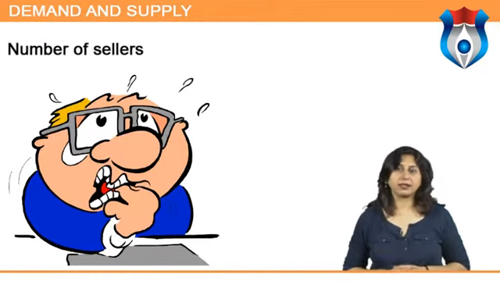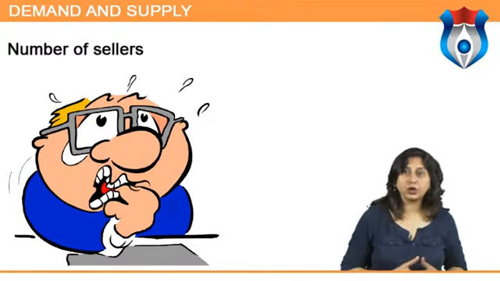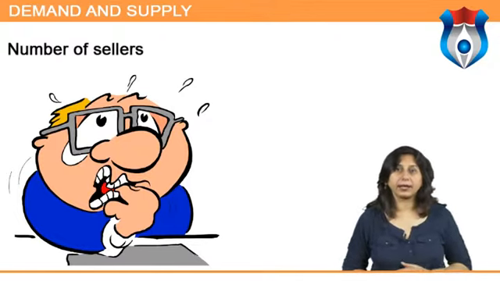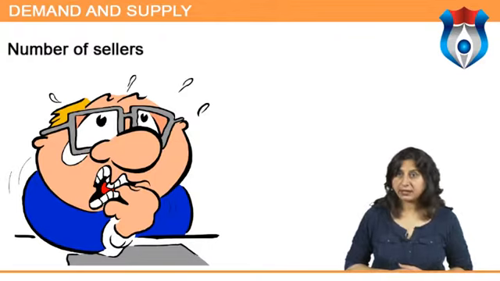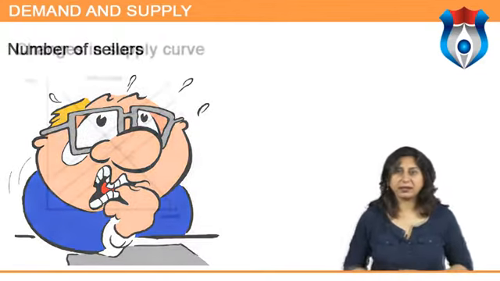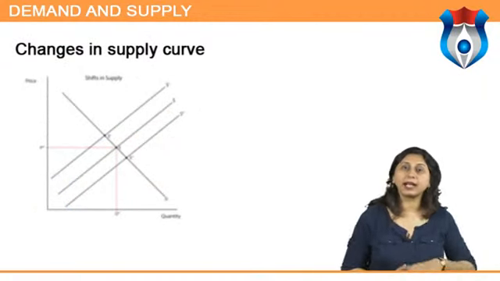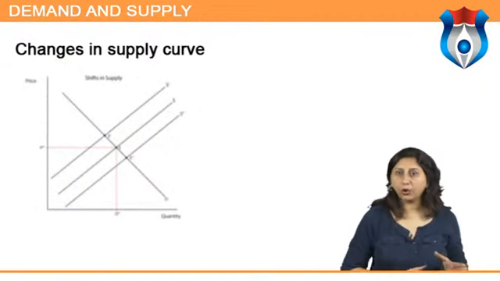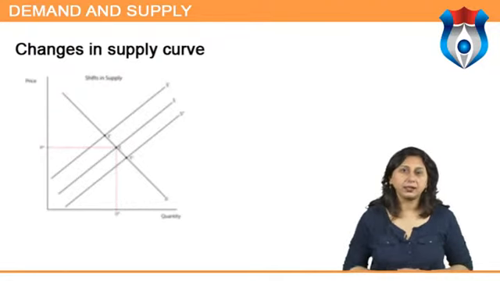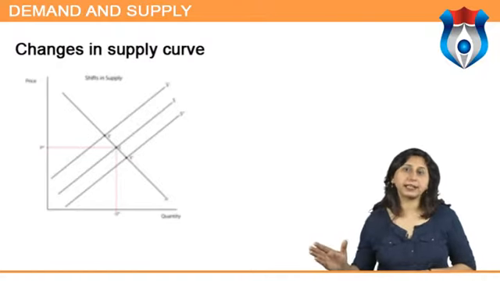Number of sellers. The number of sellers willing and able to sell a good affects the overall supply. With more sellers, there is more supply. With fewer sellers, there is less supply. A change in any of the 5 determinants can cause either an increase in supply or a decrease in supply. An increase in supply is a rightward shift of the supply curve.